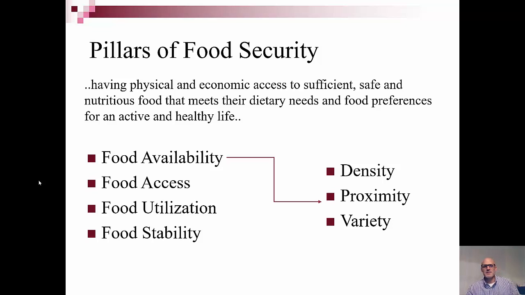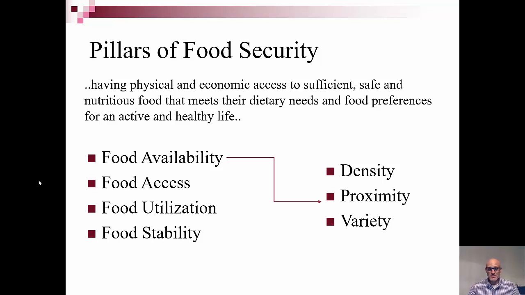And then food access takes this proximity component, which we talk about with availability, and combines it with some transportation component, which we can get from the number of cars or average number of cars per household. We can explore how close one is to public transportation. And these will be some of the things that we talk about in this paper.